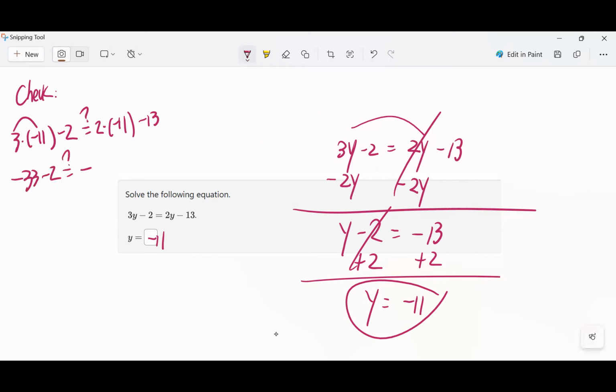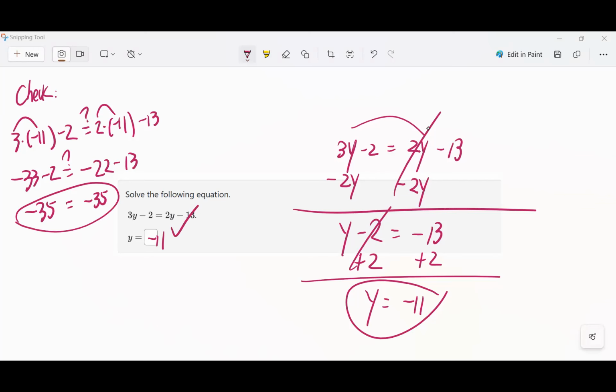On the right, minus 22, right? 2 times negative 11 plus 13, minus 2 times 11 is 22. It's negative 35 on the left, negative 35 on the right. They equal each other, so this is a good answer. So y equals negative 11 is the correct answer.